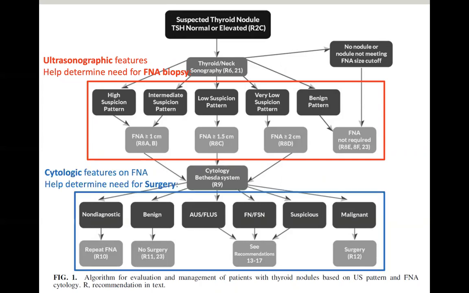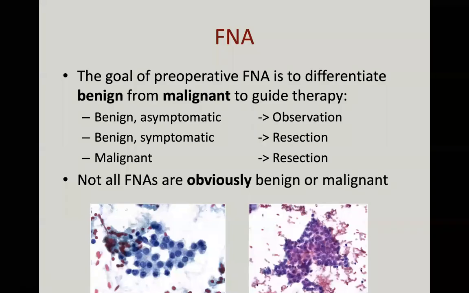Once it gets a biopsy, the cytologic features on FNA help determine the need for surgery, and we'll go through these Bethesda categories in detail. And of course, once the thyroid gland comes out, the histologic features after resection determine the final diagnosis, because FNA is still just a screening technique. So the goal of that preoperative FNA is to differentiate benign from malignant and guide therapy.